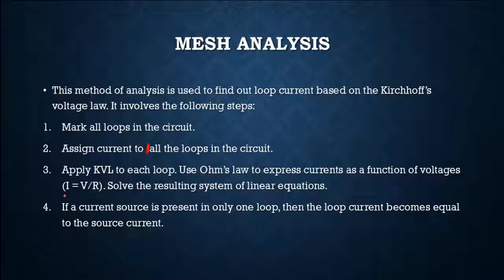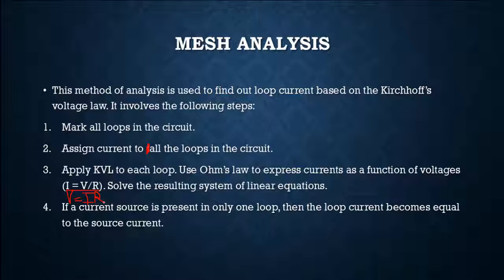I is equal to V upon R, and when we are converting the voltages into the currents, it is V is equal to I R, that is the product of current and resistance, right? Then, by solving the resulting system of linear equations, we can find out the value of mesh currents, right?